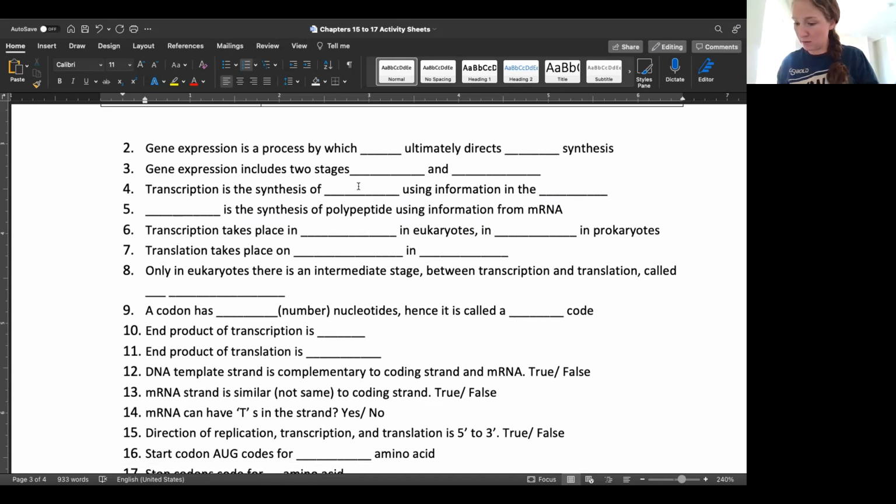So it could be any of these 5 types of RNA. Transcription is not just mRNA. Transcription could be any of these 5 types of RNA.